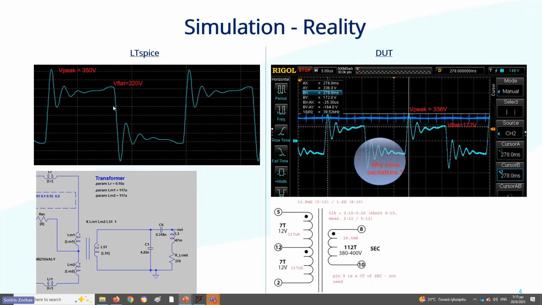And this is the transformer that was built and measured. Some comments here: there is a part I noticed when I was measuring it, that we have more oscillations in the lower half than in the upper part, and the frequency is the same, by the way.